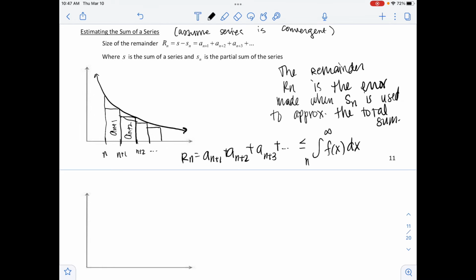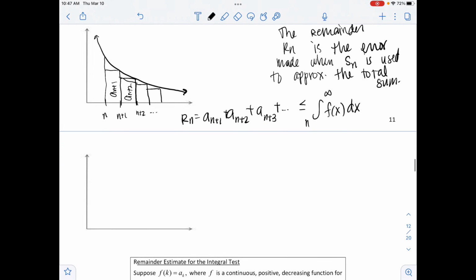So likewise on the top of the next page, if I were to sketch the same graph, and instead of starting at n, I'm going to start at n plus 1, and with the next one at n plus 2, and then so on.